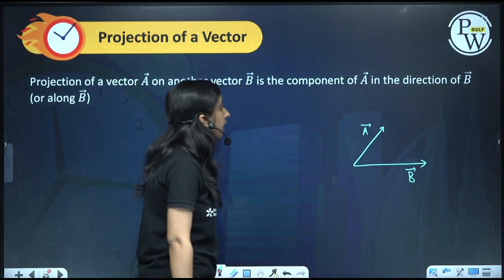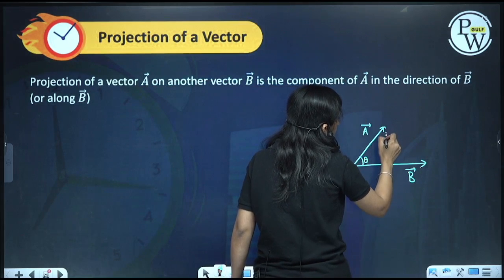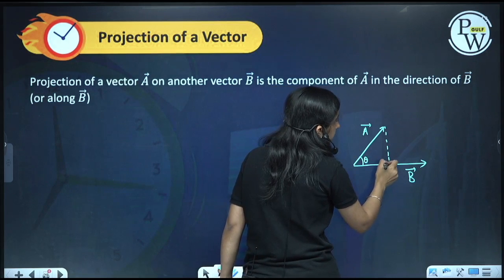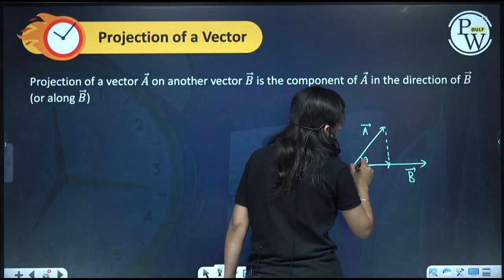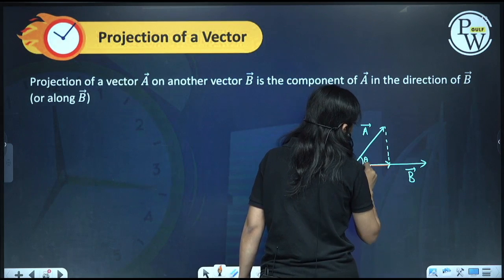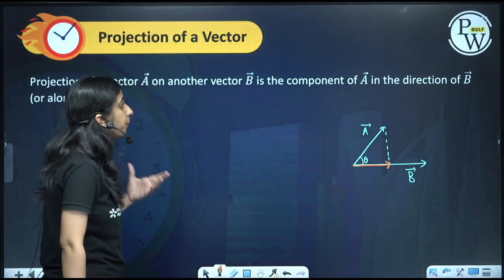I want to find projection of a along b. Then it is basically the shadow of a. The projection of a on b is the shadow of a in the b direction, or component of a in b.